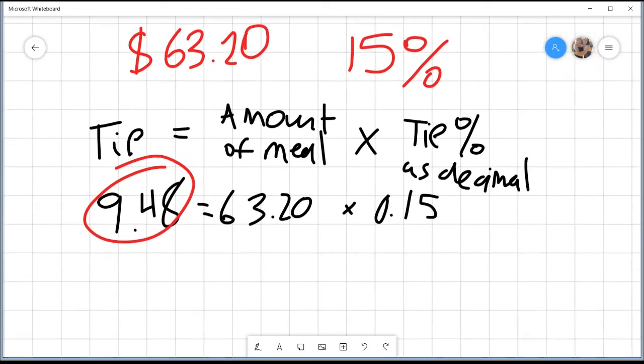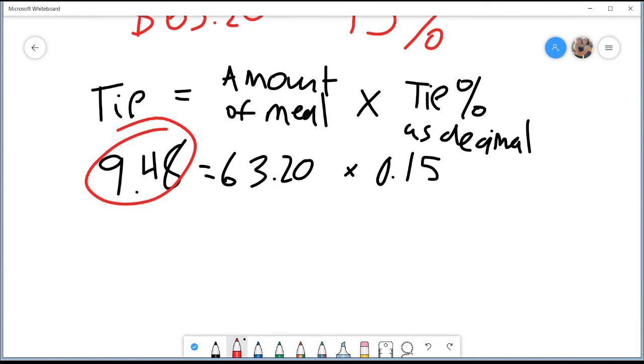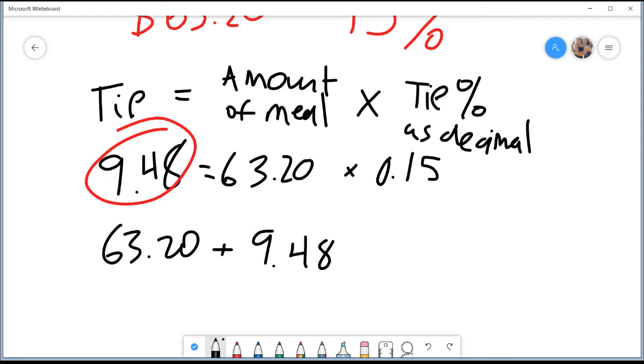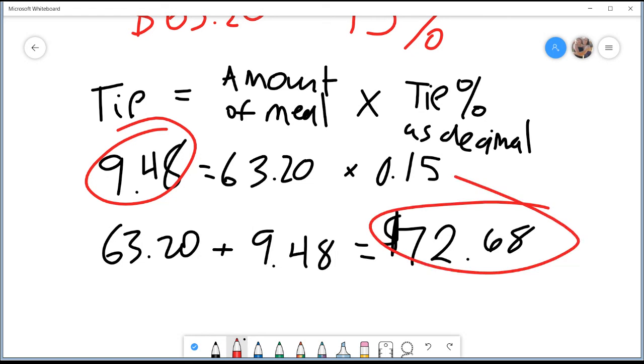We're going to add that to our original amount. $63.20 plus $9.48. $72.68 is our total after we added these together.